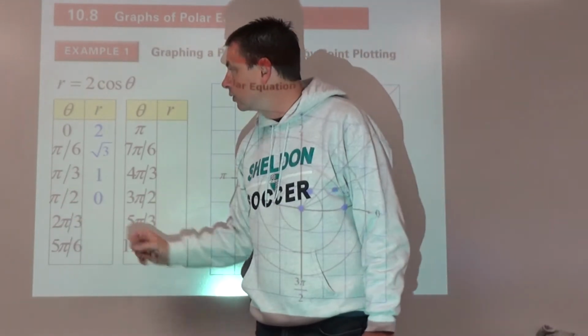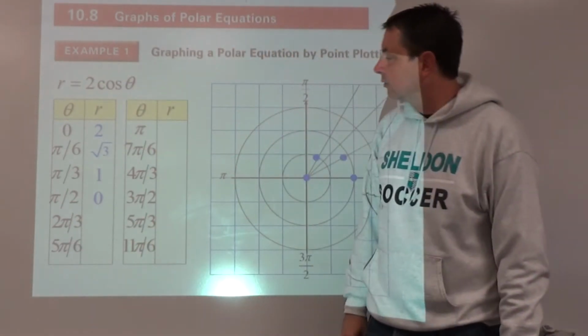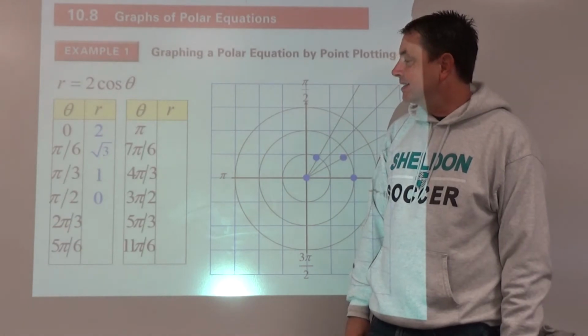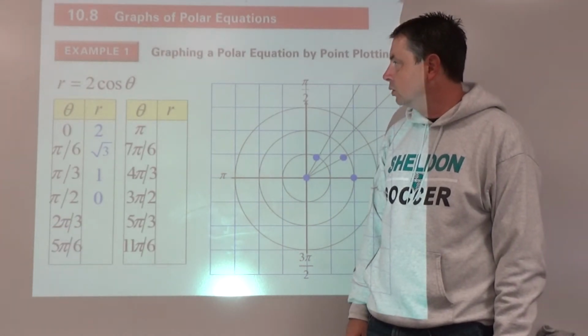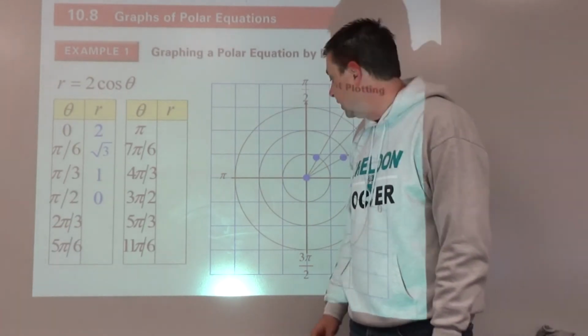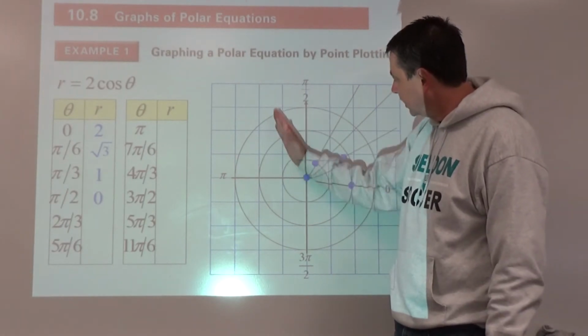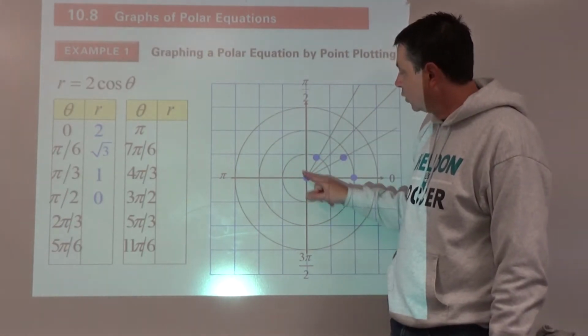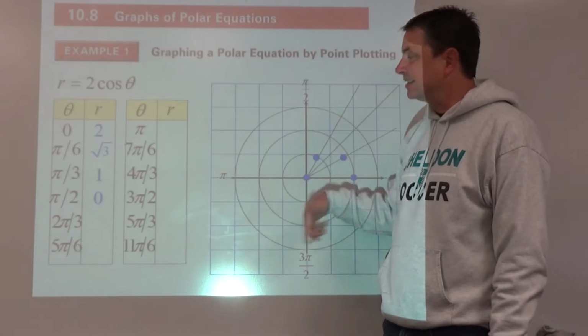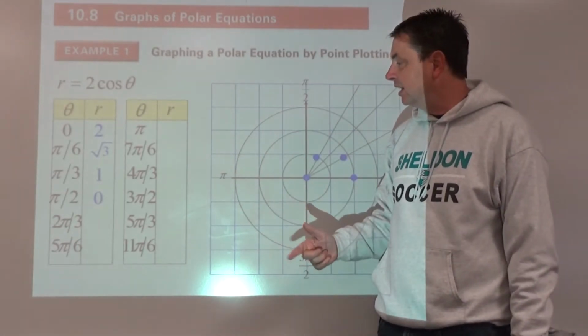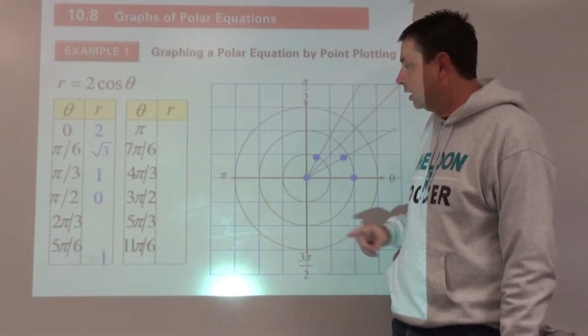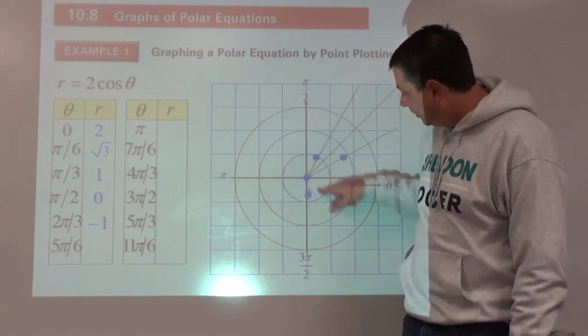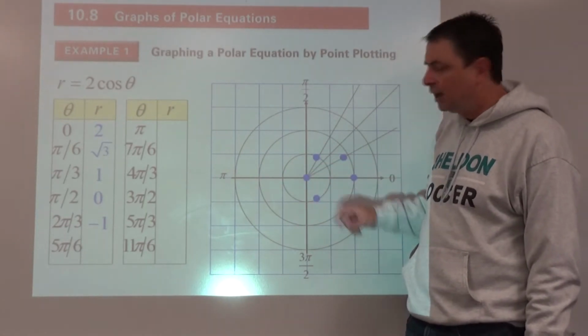All right, 2 pi over 3, cosine of 2 pi over 3 is negative a half, times 2, negative 1. So 2 pi over 3 is about here, and instead of going 1 that way, since it's an r value of negative 1, we're going to go the other way. So this way, 1 unit.